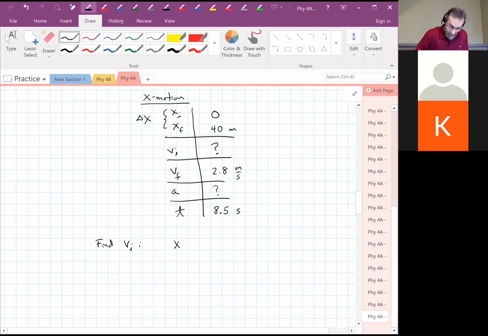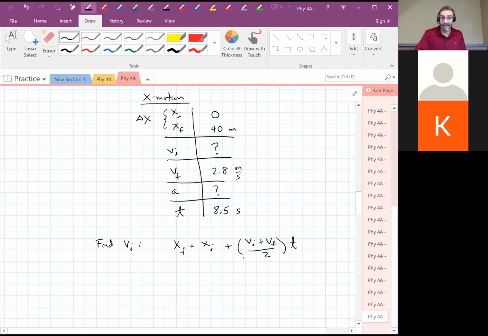You look at your kinematics equations and you say, which one is missing acceleration so I can find v initial? Well, this one is x final equals x initial plus the average velocity times time. So I know everything here except for v initial. So I can solve for v initial right now. So I just plug in what I know and be very careful to plug in the correct sign.